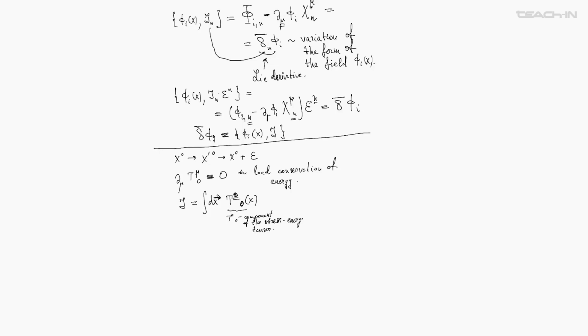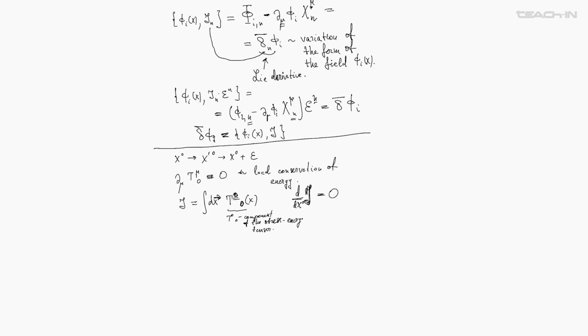What we know about this J, the conserved Noether charge, is that if I differentiate it with respect to x0, so with respect to time, I will get 0. So this object is time independent. That's why it is conserved.